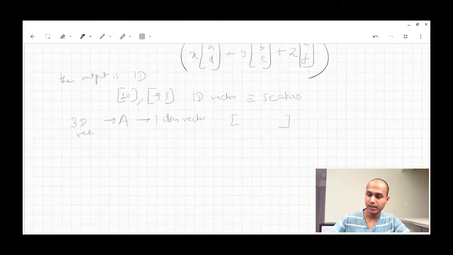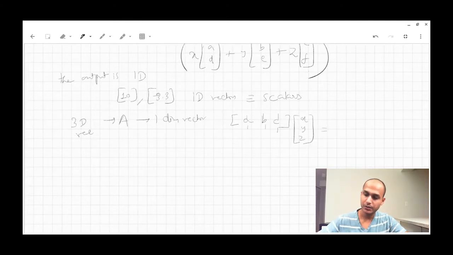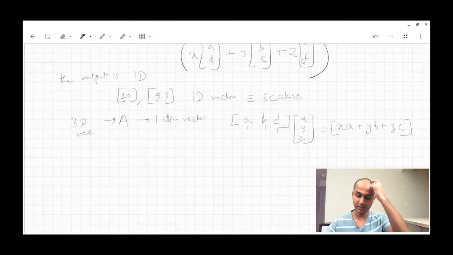A would be, for example, A, B, and C as the entries of A, and it would multiply with a generic vector x, y, and z and produce x times A plus y times B plus z times C as the single entry in the resultant vector.